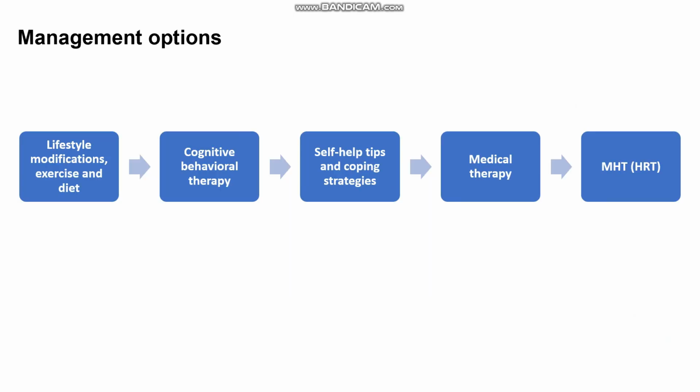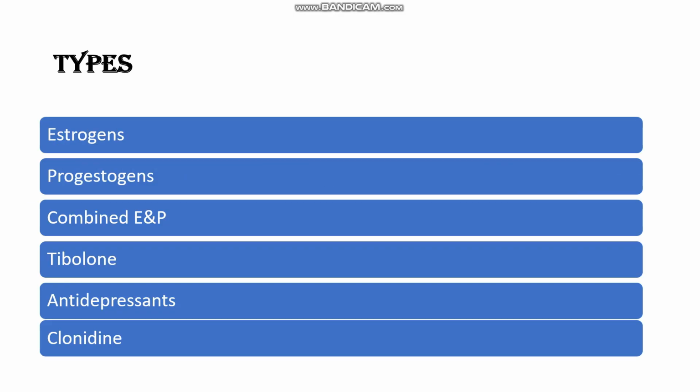Management options available for these patients are lifestyle modification, exercise and diet, cognitive behavioral therapy, self-help tips and coping strategies, medical therapy, and MHT. The hormones and treatments available for menopausal problems are estrogen, progesterone, combined estrogen and progesterone, Tibolone, antidepressants, and clonidine.